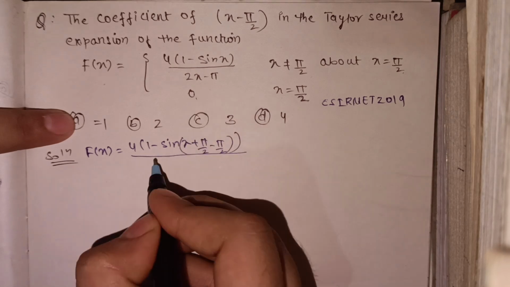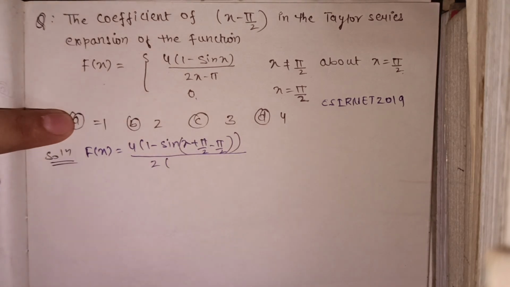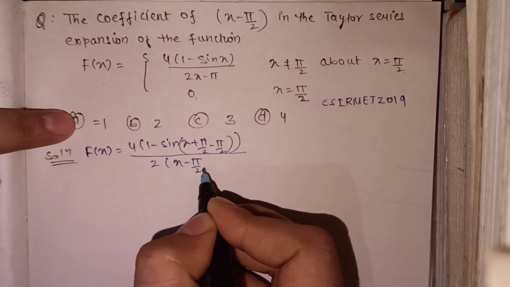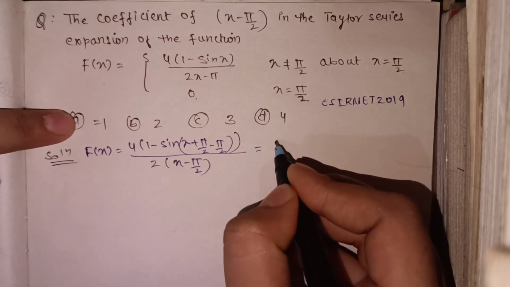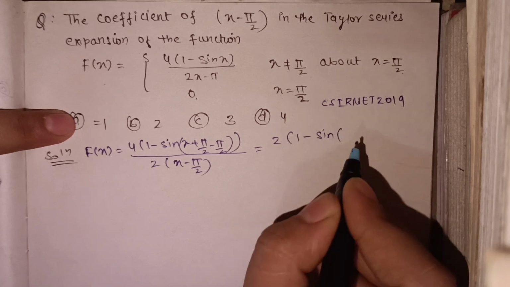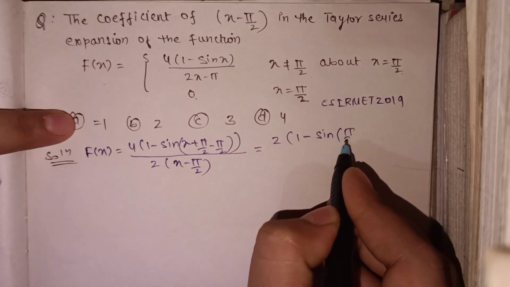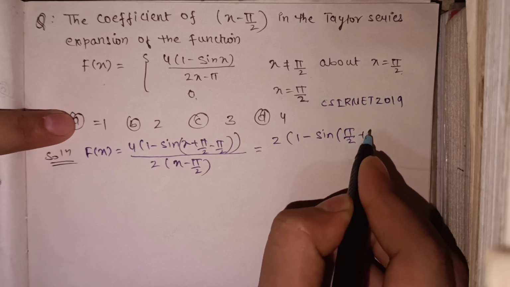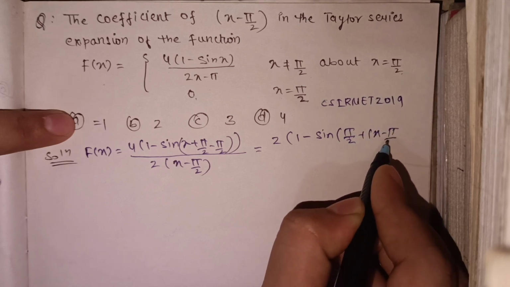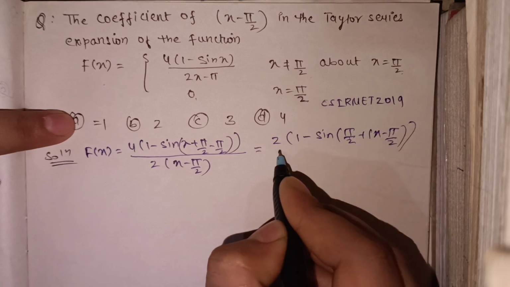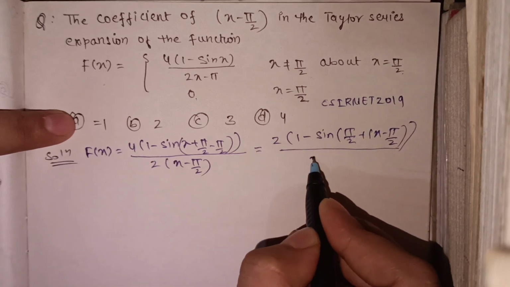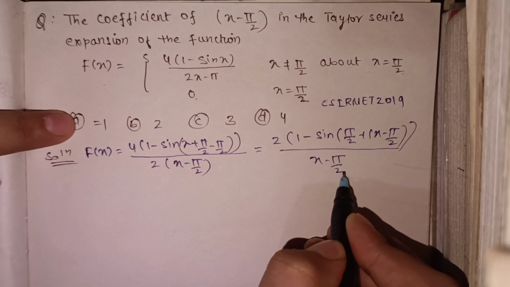Upon taking 2 common in the denominator, we get x minus pi by 2, which is equal to 2(1 minus sin(pi by 2 plus x minus pi by 2)) upon, cancelling the 2, x minus pi by 2.